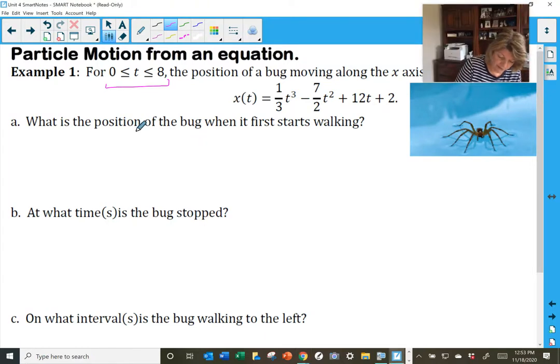Position is the x of t function, right? And I want to know when it first starts walking, so let's look at time 0. Where is it in the beginning? And 0 is our initial time, isn't it?